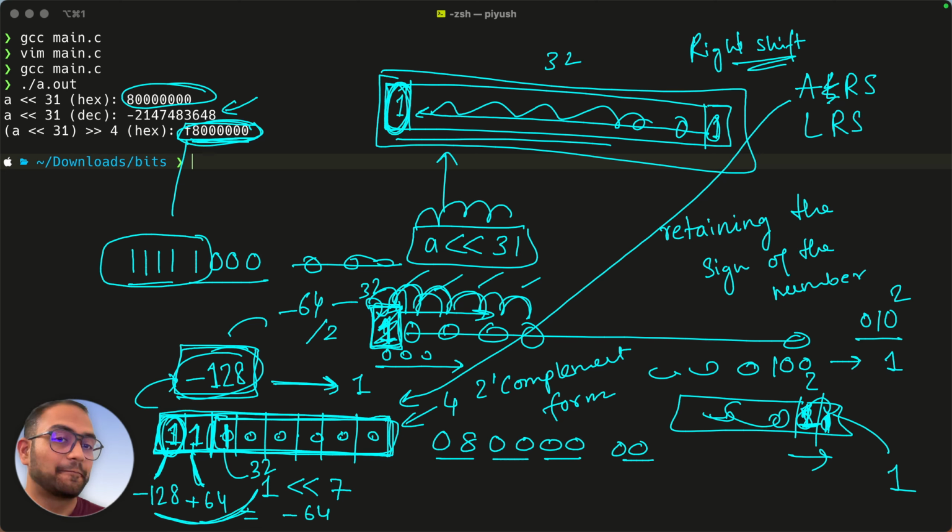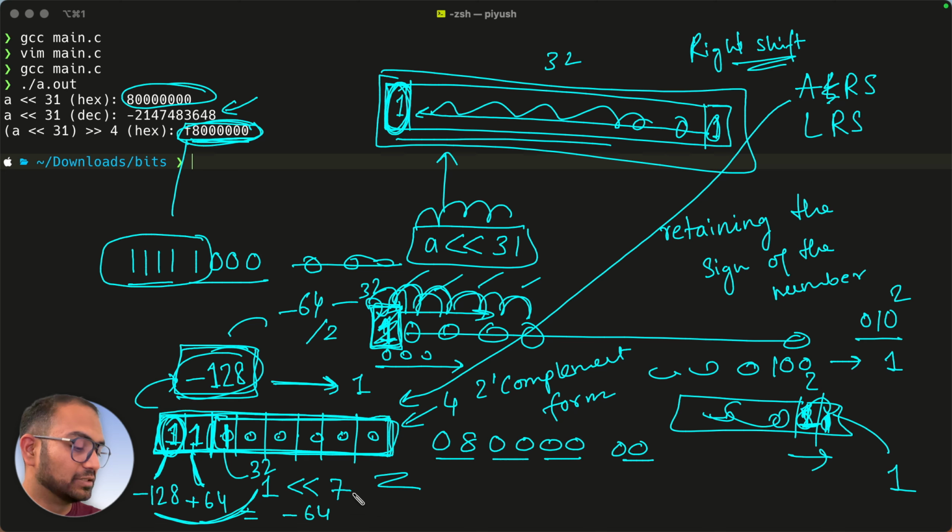In fact, you could multiply 3 by 5 by first multiplying 3 into 4, which is left shifting by 2. So 3 becomes a 12. And then you just add another 3 to it. So all multiplication and division can then be translated into shifts and adds, and shifts and subtract. So think about that. That is the speed advantage. That's why people have to learn these tricks because it makes computation easy.